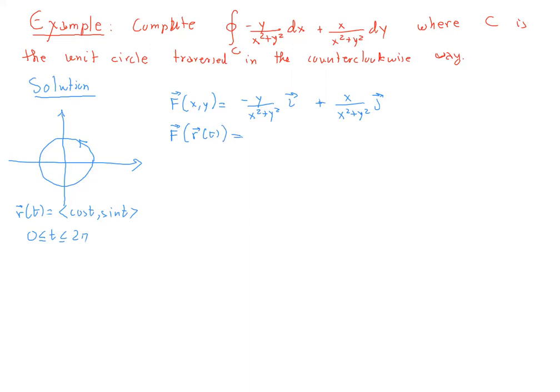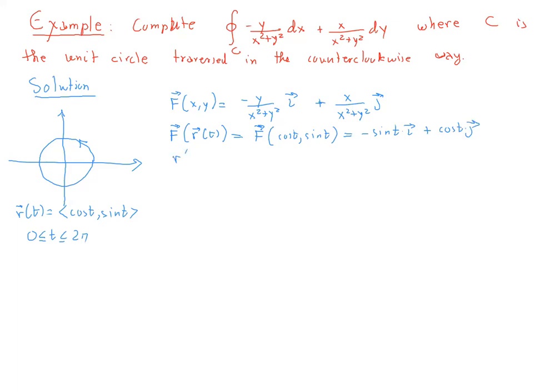Well, we have to replace x by cosine t and y by sine t. And notice something really cool: the denominator will end up being cosine squared of t plus sine squared of t, which is equal to 1. So the denominator is gone, and what you will get is simply minus sine of t times i plus cosine t times j.